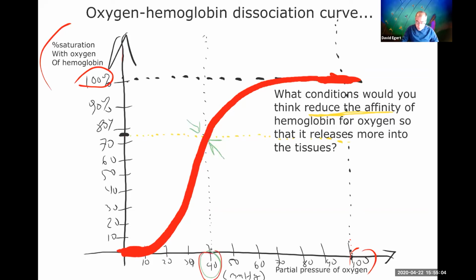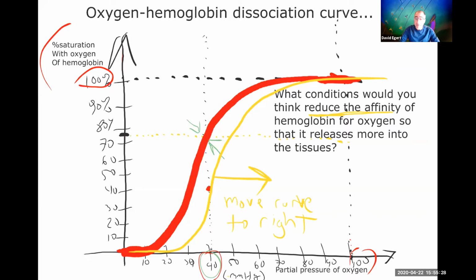So if, for instance, under these same conditions, maybe only this much is left. Maybe I'll use a different color here. You can move the whole curve to the right. Under any particular condition, less oxygen is left on the blood as it's returning to the heart. We've released more into the tissues.